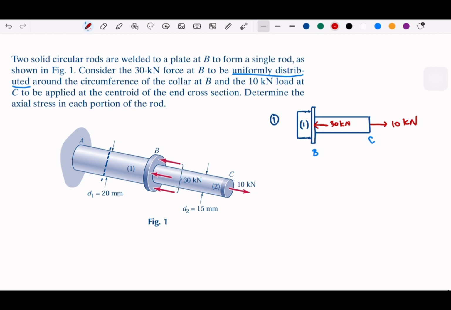So if we cut 1 on that distance, then we will have this reaction forces F1 or internal forces F1, right?